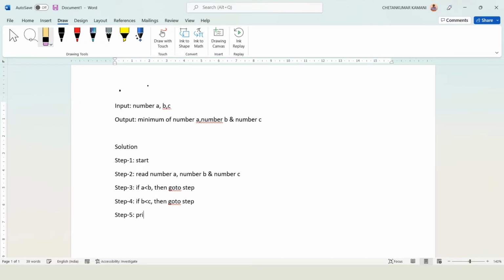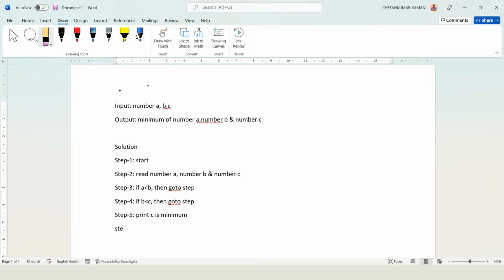print. If A is less than B is false, then B would be minimum, and we have to compare B with C. If B is less than C, and this statement is also false, then definitely which one is minimum? Print C is minimum.